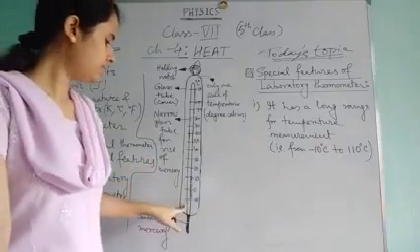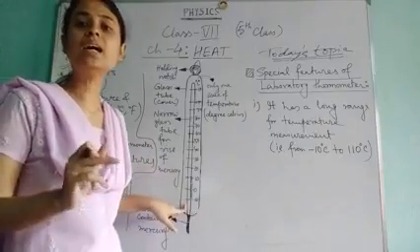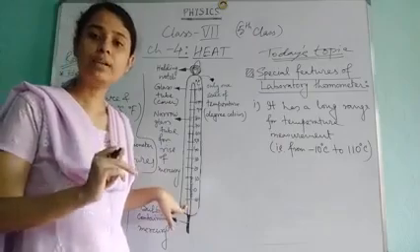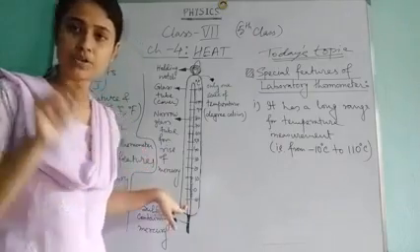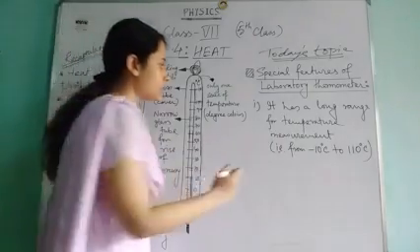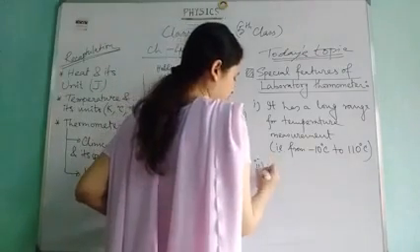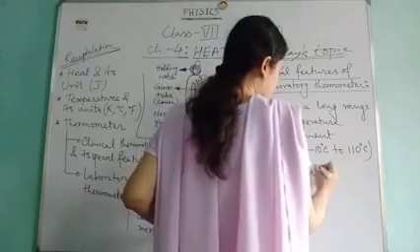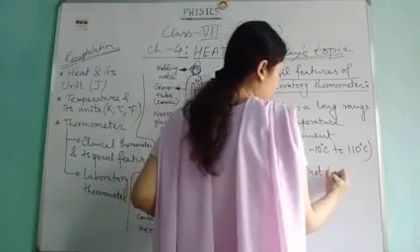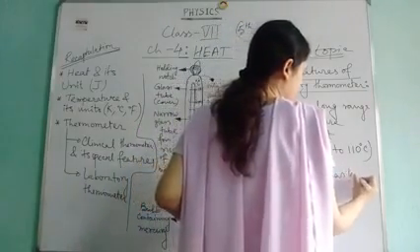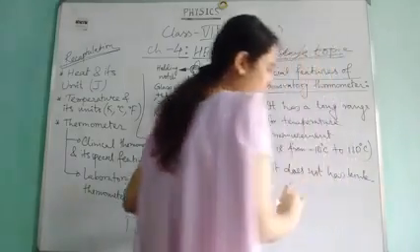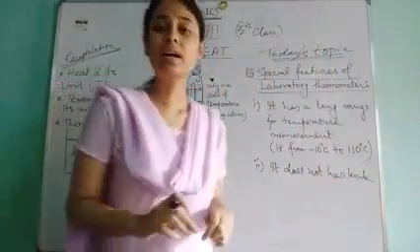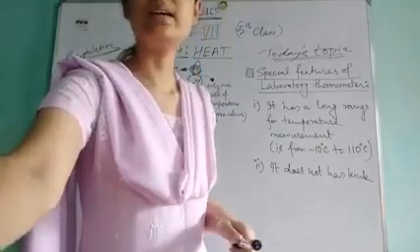The next one is, you can see it does not have the kink that we have in the case of the clinical thermometer. So the next special feature is, it does not have a kink. So we can write down, it does not have a kink.